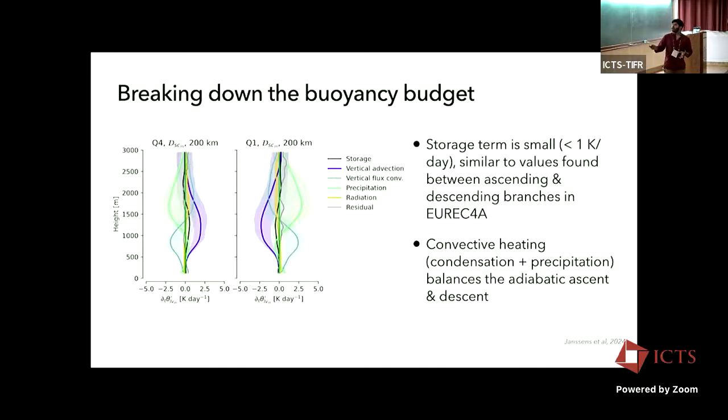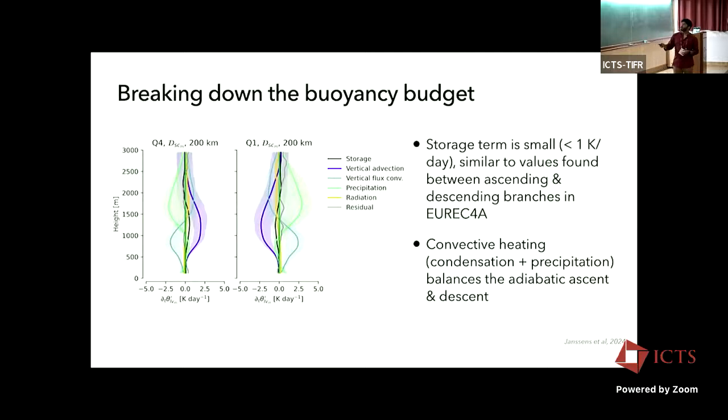How does the buoyancy budget look different for both? And we look at the tendency of the theta LV. So it's liquid water theta V, but you can just think of this term as showing buoyancy. So how much buoyancy can be explained by these terms?